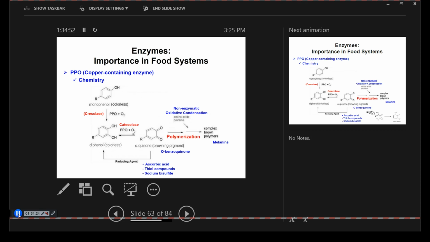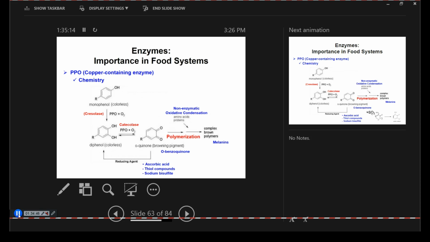So you can reverse it by adding ascorbic acid, which is an antioxidant, a reducing agent. It basically reduces quinone backwards, so it drives the reaction backward before it gets into polymerization. Or you can add thiol compounds or sodium bisulfite, which are also reducing agents.